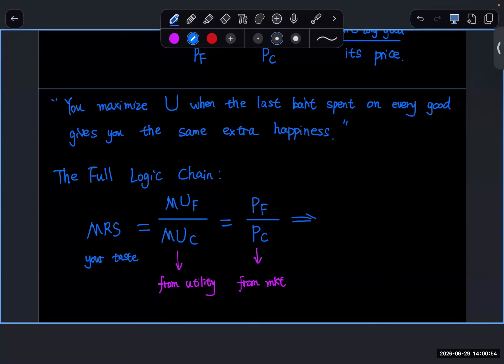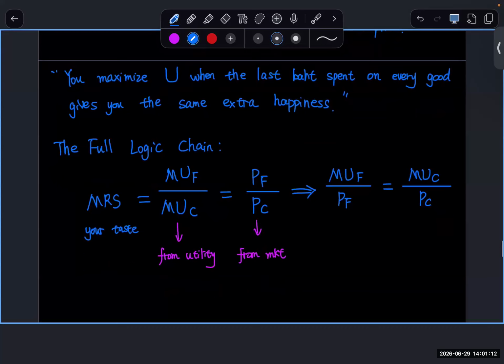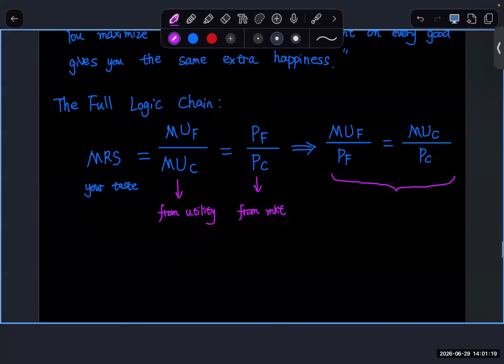And then we can have the equal marginal principle, which is marginal utility of food over the price of food equal marginal utility of clothes over the price of clothes, okay? So here is the equal marginal principle.